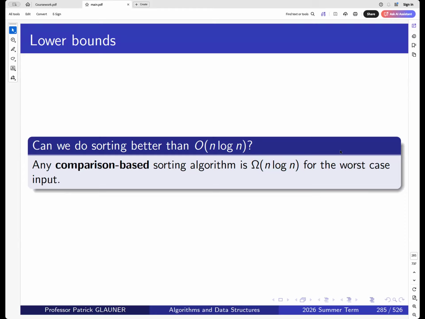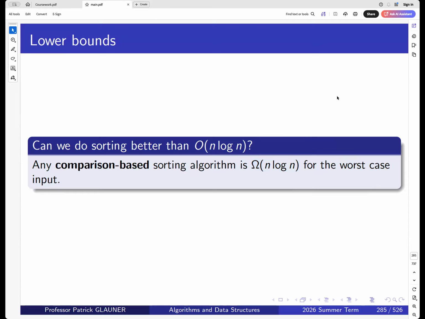Obviously best case can be O of n because if it's sorted, we just stop. But the worst case means the worst case input, what we optimize for is omega n log n. So we can't do better in the worst case than n log n.